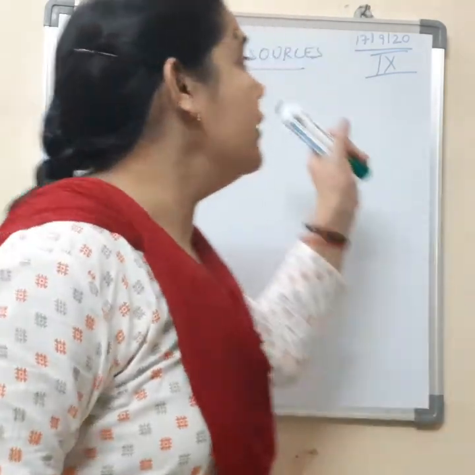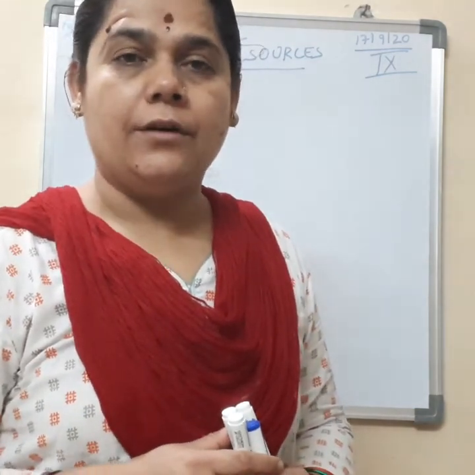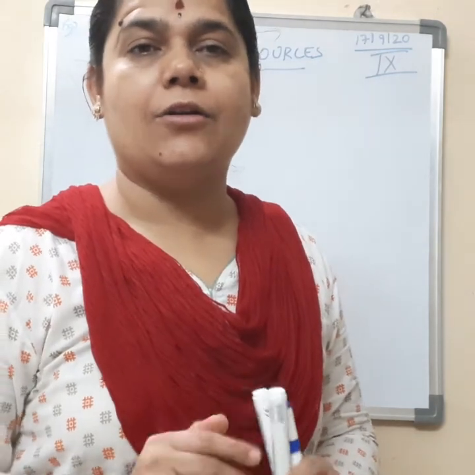So now let us today begin with a new chapter, that is natural resources. So what are natural resources? Now, what are resources actually? Resources are some materials which are useful to mankind, which help them to survive. And these resources which we obtain from nature are called what? Natural resources.